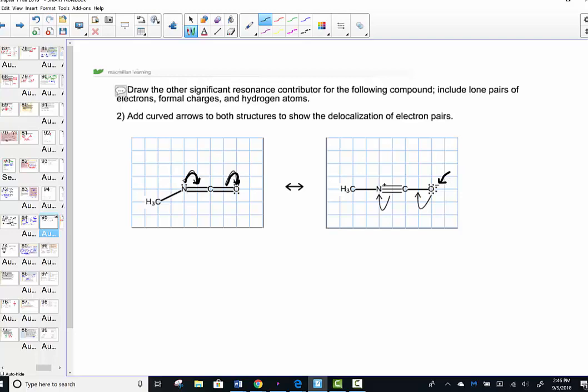Moving the lone pair of electrons to make a triple bond left the nitrogen with the formal charge of +1. It's still 0 overall, but I now have formal charges. You can clearly see the major contributor would be this based on formal charge, but this is a valid resonance structure.